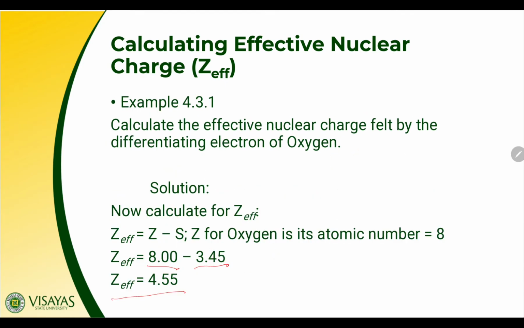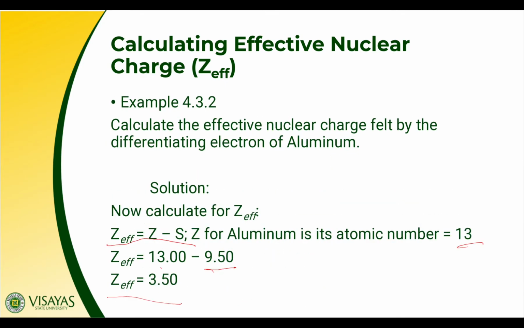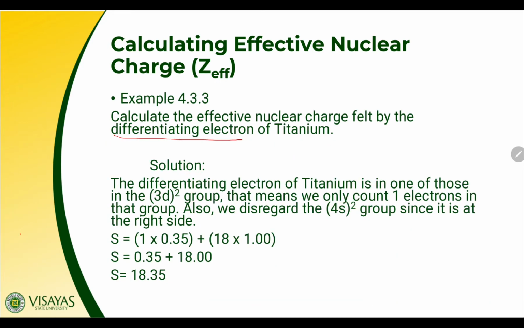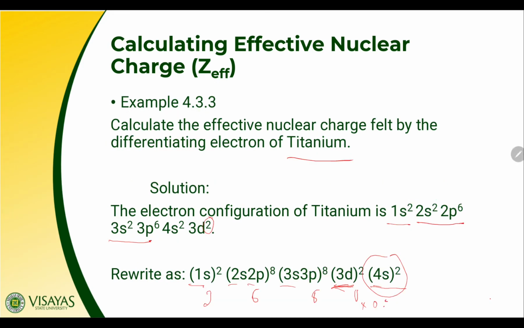So therefore, in the same n as nd, we only have this 3d. So we multiply this 1 by 0.35, whereas the remaining, 8 plus 8 is 16, plus 2 is 18.